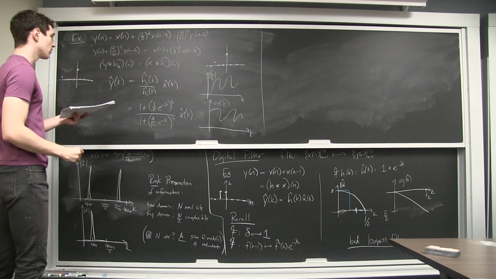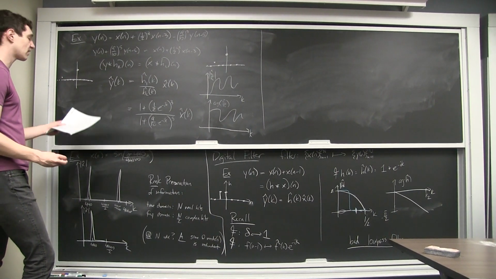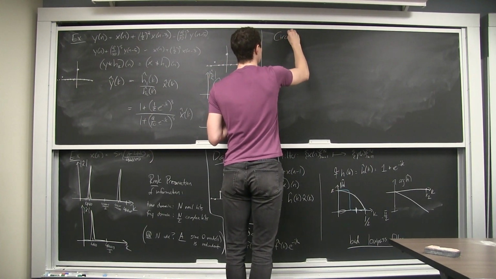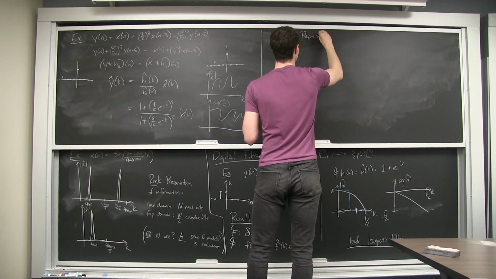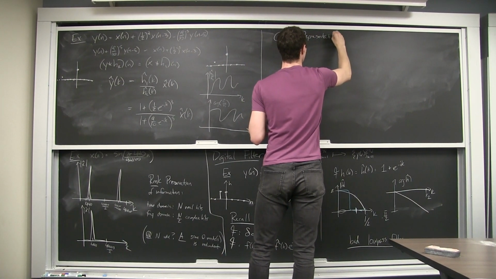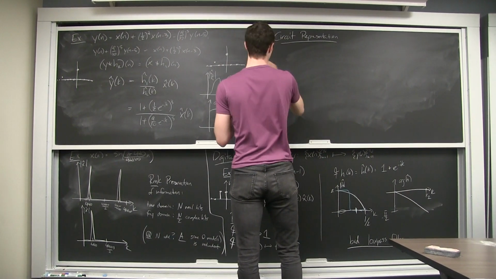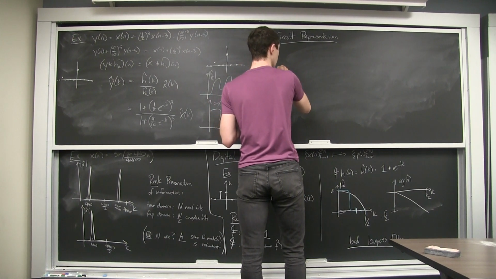Okay, another way that we can understand or represent these filters is through an electric circuit. So let me briefly mention how it works. For this filter, we take our input.